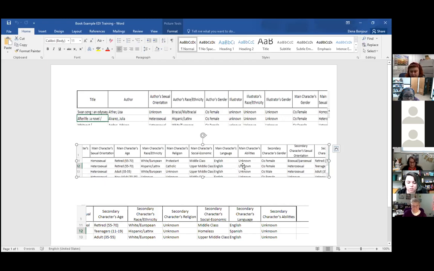For secondary character, I chose the teenager that appeared on the main character's doorstep. She was a young teenager that was pregnant, so that gave me the ability to say that she was heterosexual, that she was a teenager, and she was also homeless, as we know over here.